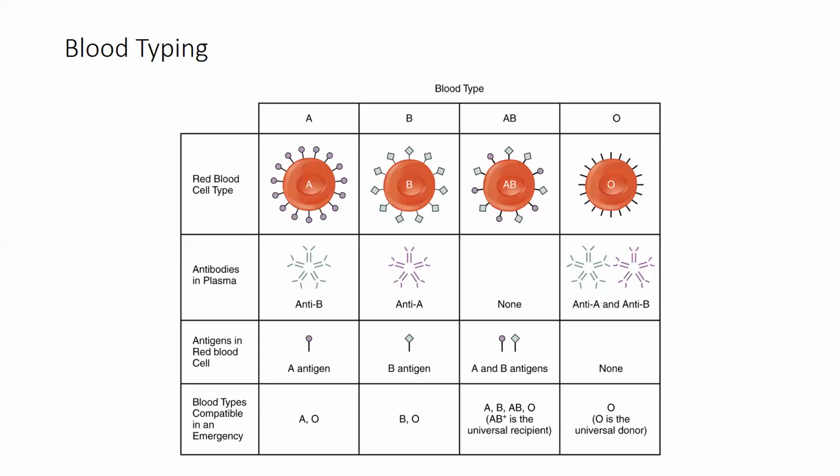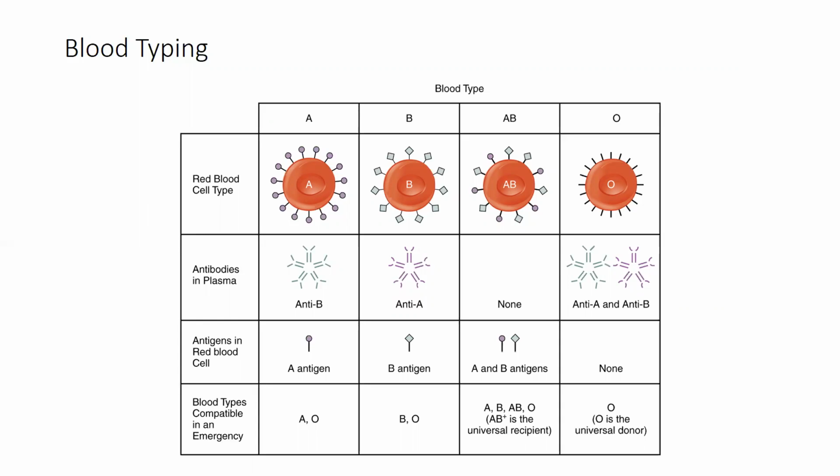Type A red blood cells have A antigens on the surface with anti-B antibodies in the plasma. Plasma is the fluid that red blood cells are in. Type B red blood cells have only B antigens on the surface and anti-A antibodies in the plasma.